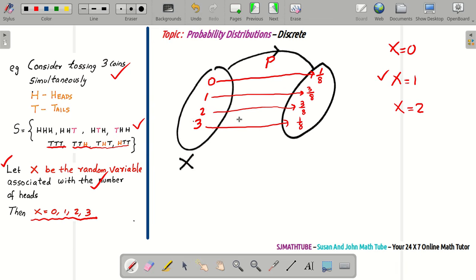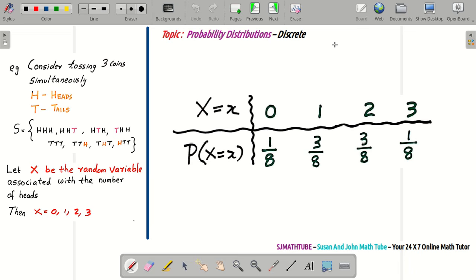But normally in the statistics books, you will not see this picture. You'll see something like this. And this table is called the probability distribution table, or simply the discrete probability distribution. Discrete in the sense we are using the numbers 0, 1, 2, 3.